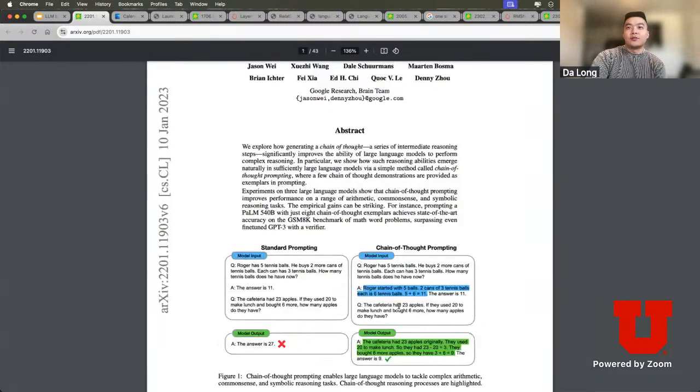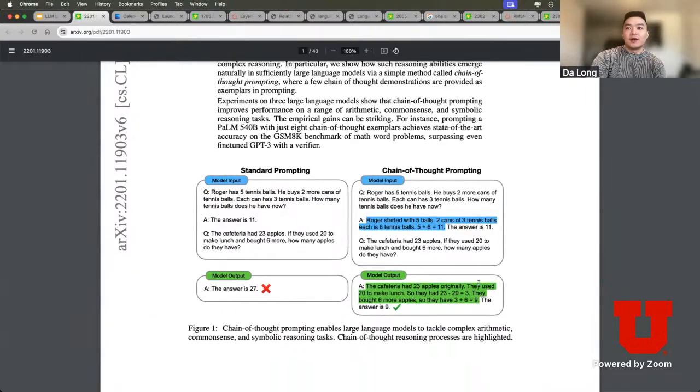It's actually very simple. If you look at the example, in the prompt they do few-shot learning. In the examples they give to the model, they include a chain of thought process. For example, this is the question, and when they give the answer, they include the chain of thoughts in the answer, and also give a conclusion.